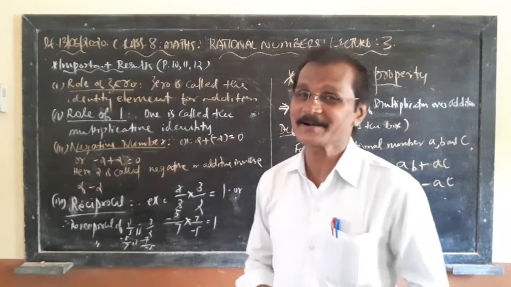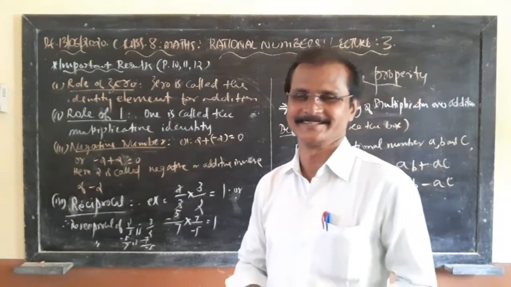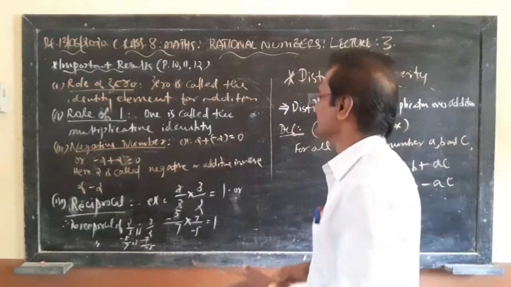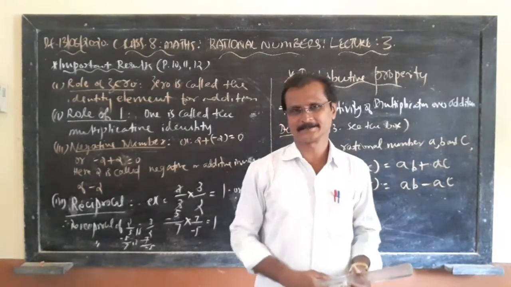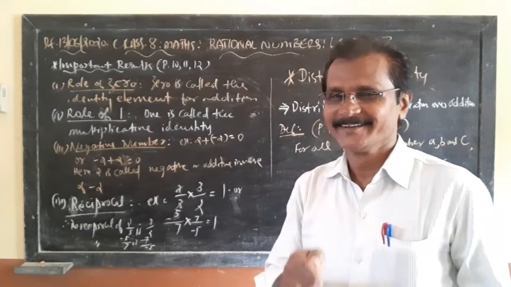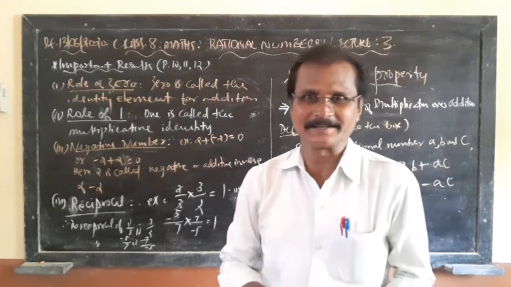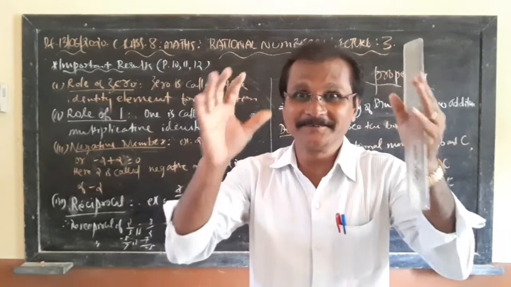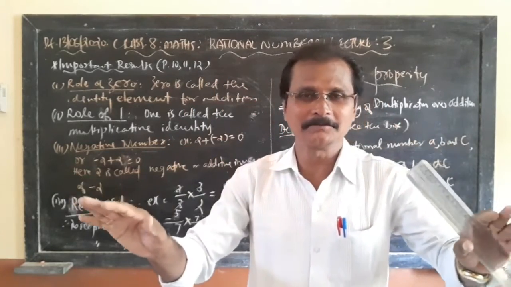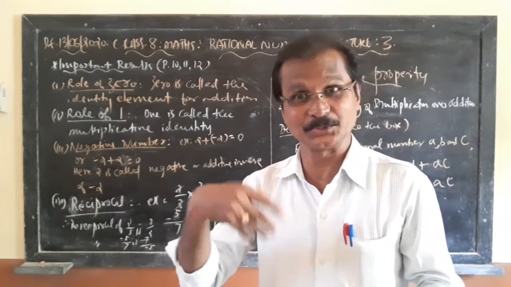In addition, what will happen? 2 plus 1 will come 3, there is a change, so that's not possible. So 1 is called the identity for multiplication. And in the same way, you cannot bring 0 to multiplication, because when you multiply with 0, everything becomes 0. 2 into 0 is 0, 10 into 0 is 0. You should not bring 0 into multiplication, because it makes even the hero 0. 10,000 multiplied with 0 is 0.